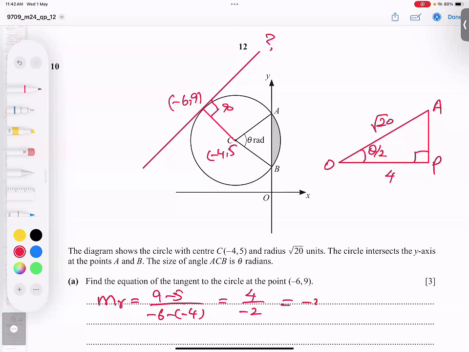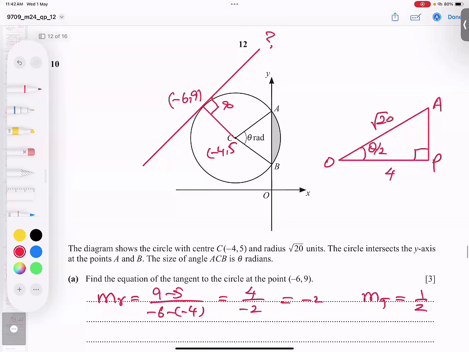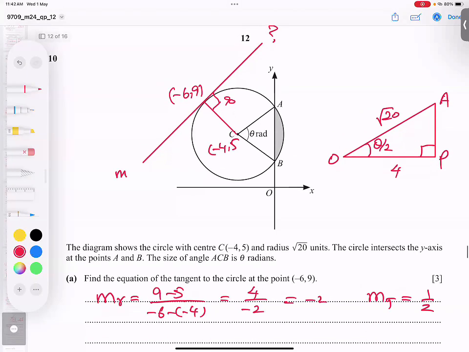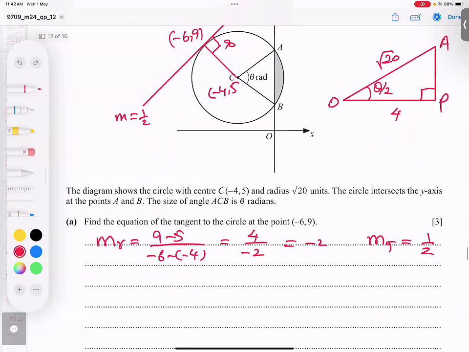So negative 2 is the gradient of the radius. Then what is the gradient of the tangent? The negative reciprocal. I think this part is clear. Now students, this gradient I know, and that is 1 over 2. The point is given, and the question is over. So the equation of the tangent.